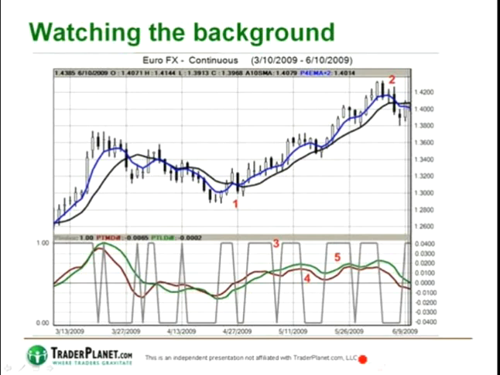Three, I like to look at the predicted neural index from Vantage Point, a proprietary indicator that they have that compares moving averages. That's the gray line down at the bottom. If it's at 1.00, it's bullish. If it's at 0, it's bearish. So you want to make sure that that indicator also lines up with the others.